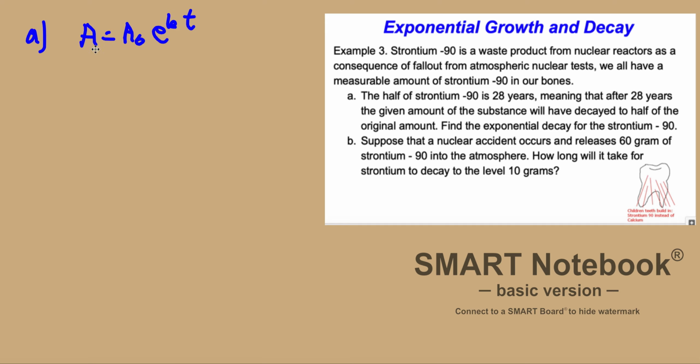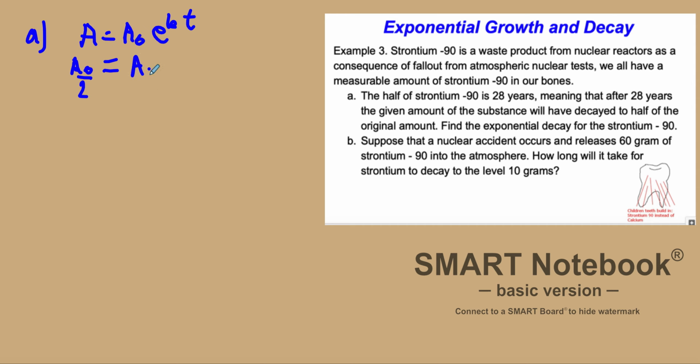So A0 is the initial amount, and the half-life is 28 years, so it means A0 divided by 2. In 28 years, this strontium is going to be at half.